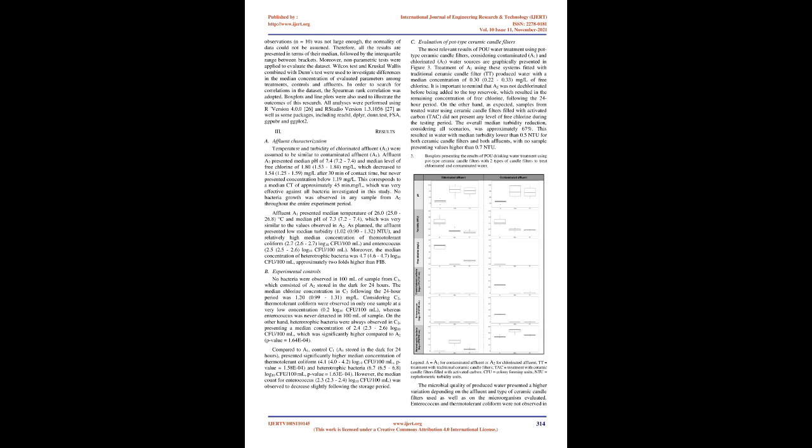Effluent A1 presented median temperature of 26.0, 25.0 to 26.8 degrees C and median pH of 7.3, 7.2 to 7.4, which was very similar to the values observed in A2.